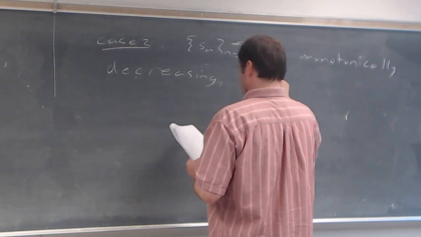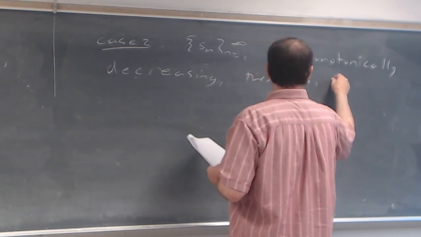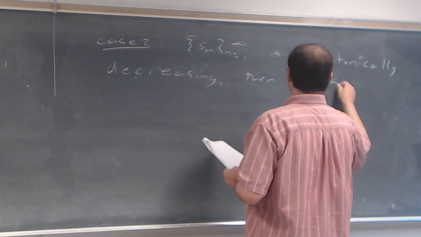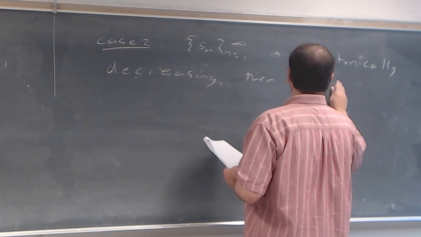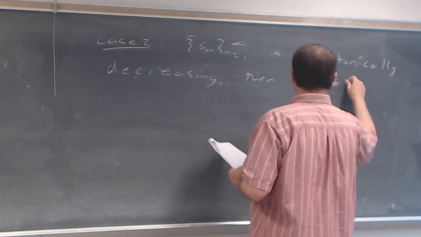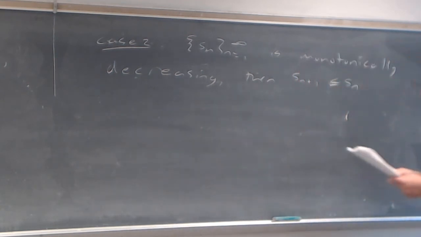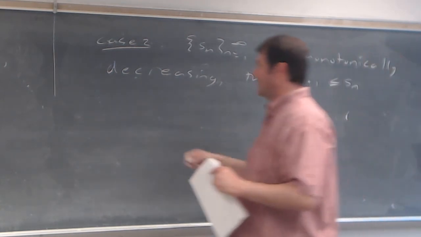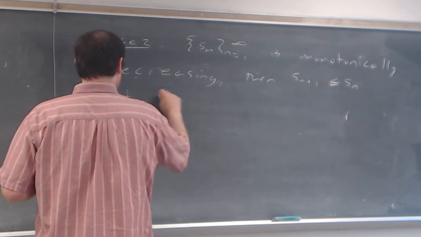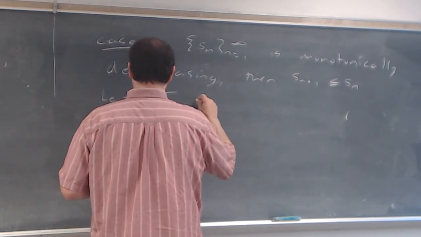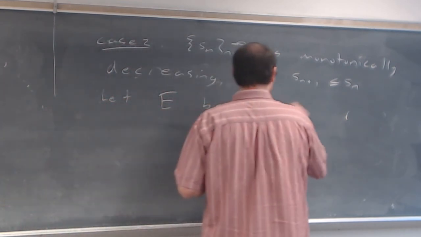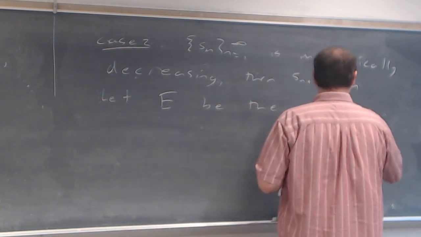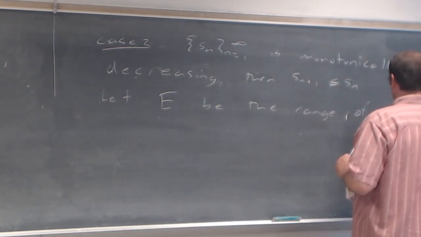Then S of n plus 1 is going to be less, so the next one is going to be smaller than the previous one. Again, we're going to let E be the range of S of n.